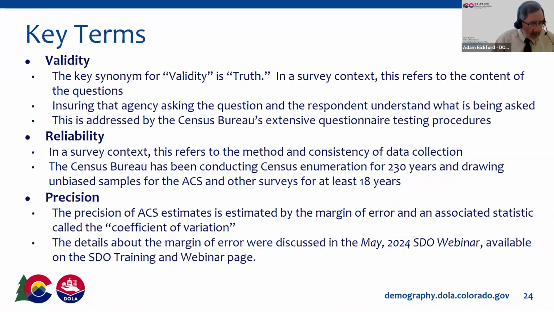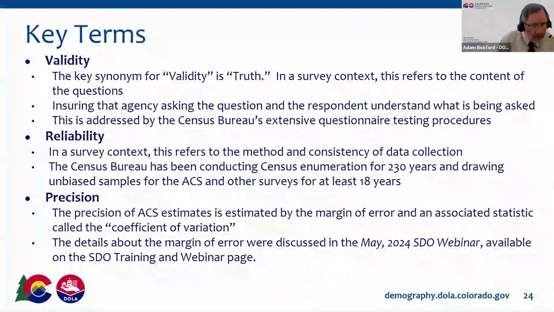The second part of this is the reliability. Now, when we talk about reliability in a survey context, it means methodology and consistency of data collection. Well, the Census Bureau has been doing this, going out, talking to people in their households, surveying group quarters, talking to folks who are unhoused for some of this for at least 230 years.